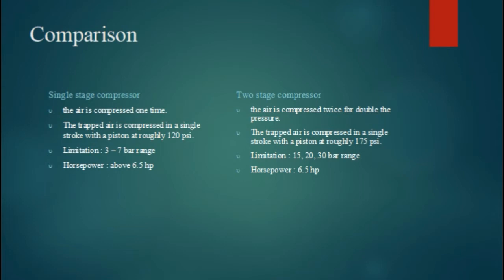For a two stage compressor, the air is compressed twice for double the pressure. The trapped air is compressed with a piston at roughly 175 psi. The limitation for a two-stage compressor is the 15, 20, and 30 bar range. The horsepower for a two-stage compressor is the same as a single-stage compressor, which is 6.5 HP.